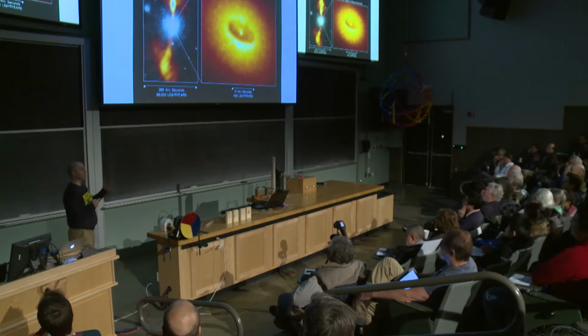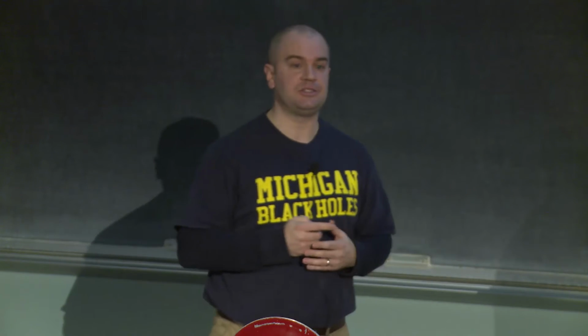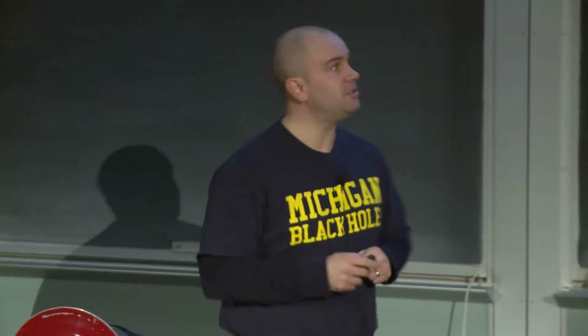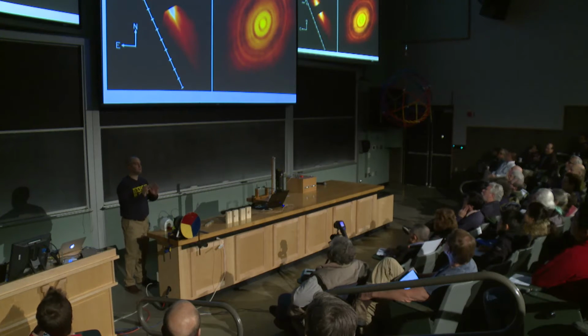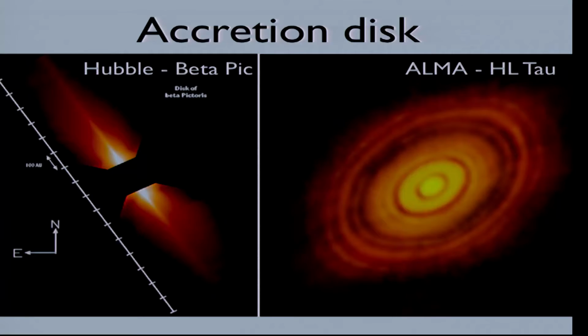And I told you that this was a process that happens on many different scales and in very different settings. So here's a black hole at the center of a distant galaxy. Here are actual images of disks around stars just starting the process of becoming stars and planets.